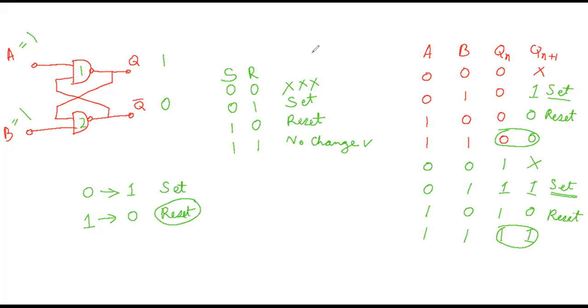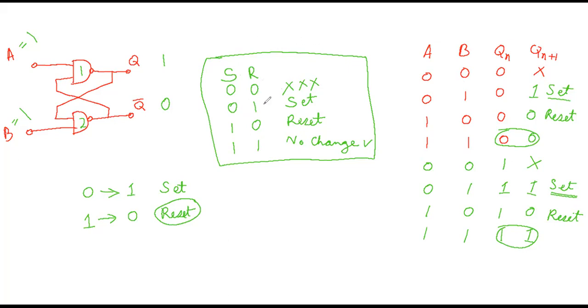So check the process, what I did. Initially I simply drew the circuit. Then after that, I assumed all the cases and checked the outputs. From the outputs, I tried to obtain a summary. From the summary, I realized that a 0 at S will set the circuit and a 0 at R will reset the circuit.